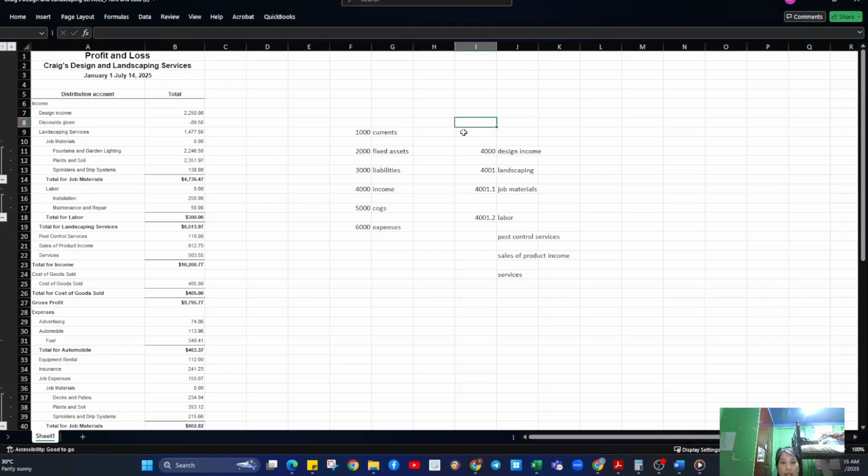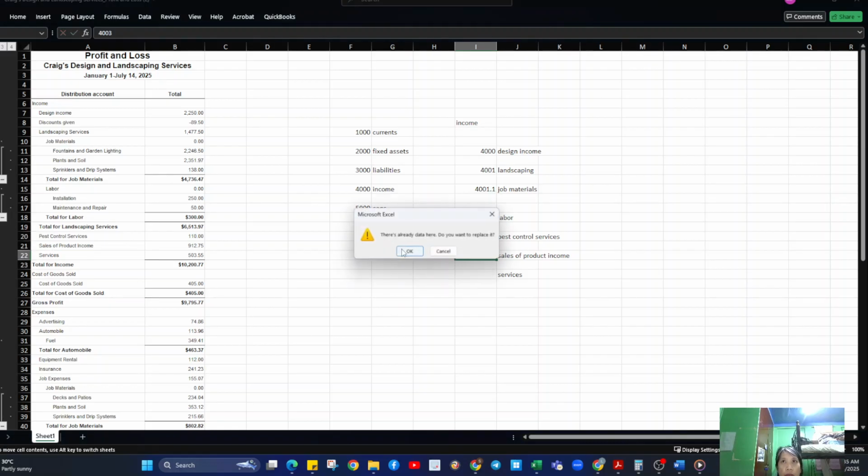Alright, so this is under income. And then here, as you notice, there's cost of goods sold. And just looking into this one, there's the word product income. This cost of goods sold would fall under cost of product income, right? So let's go here, 4002, and then we have here 4003, the cost of sale of product income.